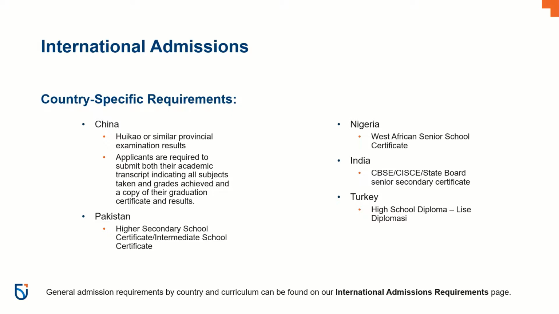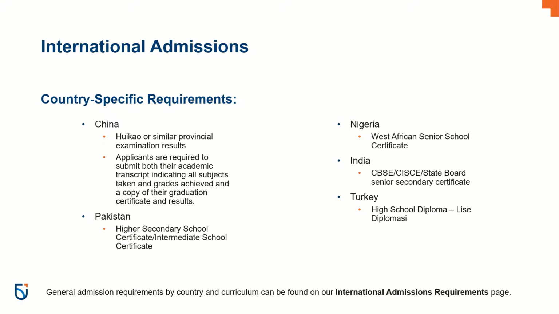For applicants from Pakistan, we're looking for your higher secondary school certificate or your intermediate school certificate. For applicants from Nigeria, we're looking at your West African Senior School Certificate and your WAEC results. For applicants from India, we will be looking for your Senior Secondary Certificate and your final results from your Class 12 or Standard 12 examinations.